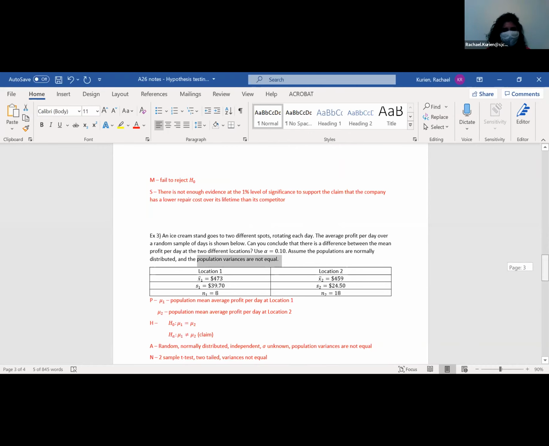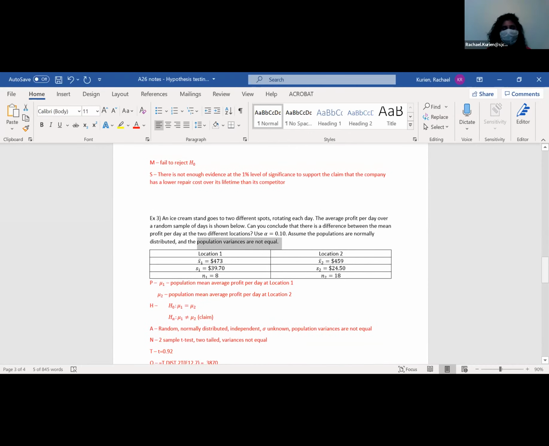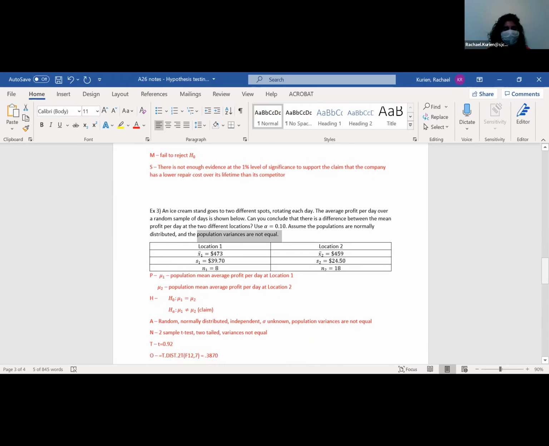All right, so T and O. T is 0.92 and O is 0.3870. So again, we have to ask the question, is our p-value less than alpha? So is 0.3870 less than our alpha?